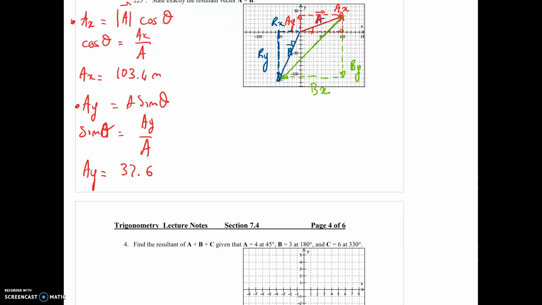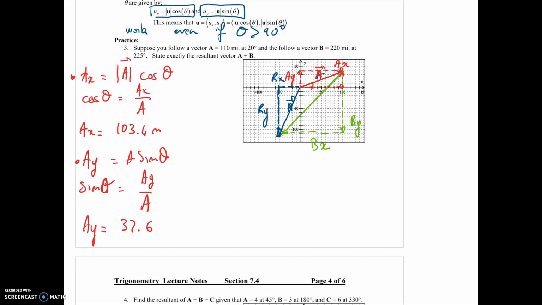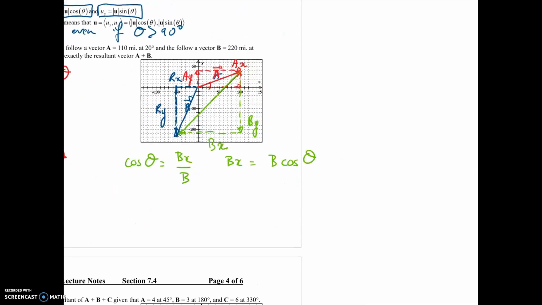Now I can do exactly the same thing for Bx. If I look at Bx this time, same idea: cosine of the angle theta equals Bx divided by B, so Bx equals B times cosine of the angle theta. I substitute the values of B and the angle theta, and I end up with a value of Bx equal to negative 155.6 miles.